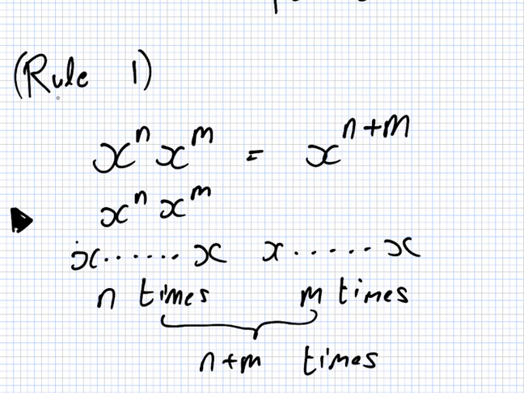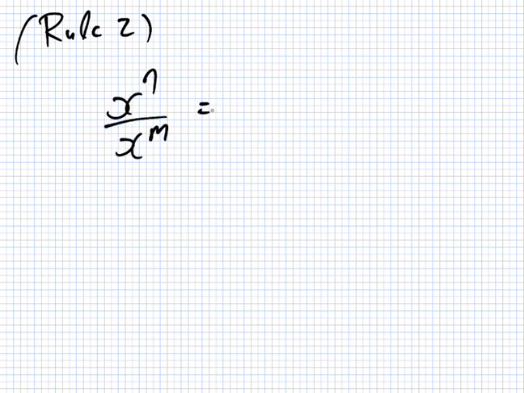Okay, can I scroll down? Yes? Okay, so the second rule, x^n over x^m, that's x^(n minus m). And again, the proof is pretty easy.